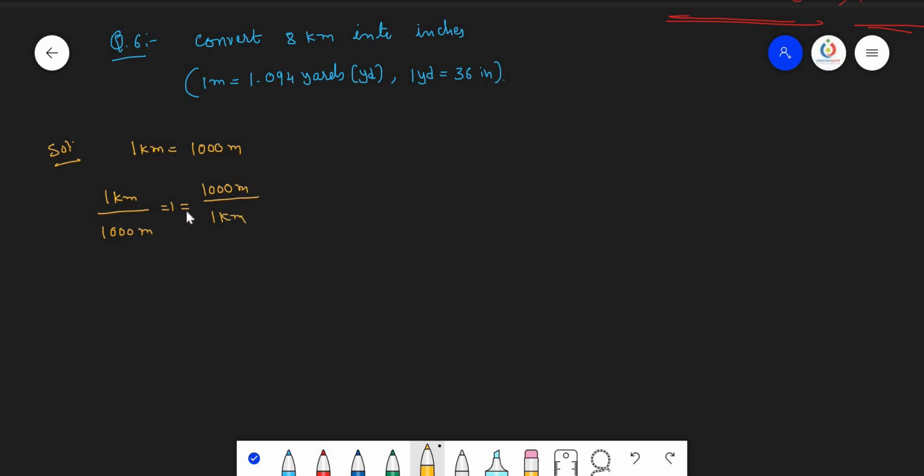Now this meter is to be converted. The meter relation is there. So 1 meter equals 1.094 yards. This is the relation. For this the factor is 1 meter divided by 1.094 yards, which equals 1, which equals 1.094 yards divided by 1 meter.